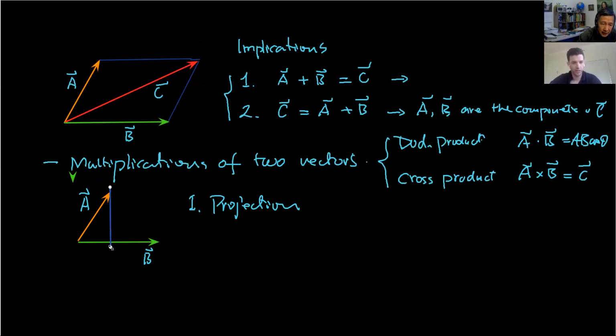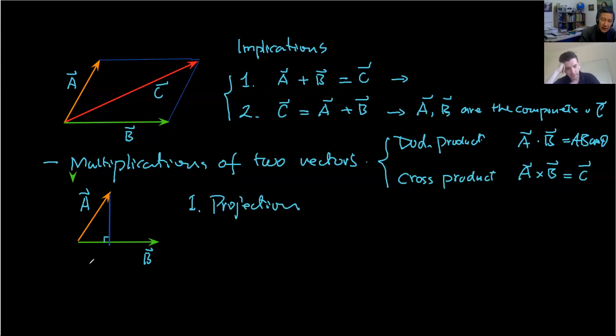Can you see? It's like sound waves coming downward, perpendicular to B, so it will always create a right angle. In this way we can form a right angle triangle here.